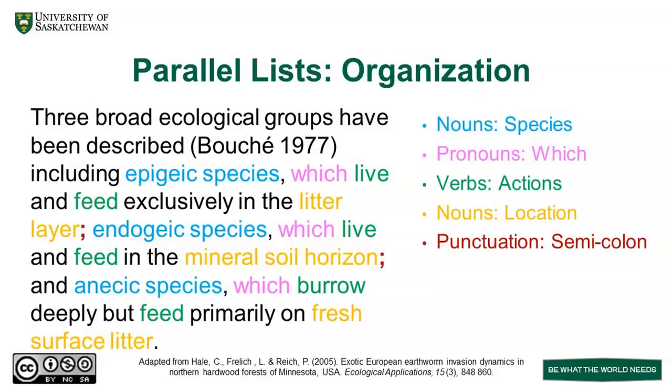And then again, we have that reference to location. So the litter layer, the mineral soil horizon, and lastly, the fresh surface litter. And then each sort of description is being segmented using the punctuation of a semicolon in order to just group this information more effectively so we're not getting confused by which detail relates to which species of worm.